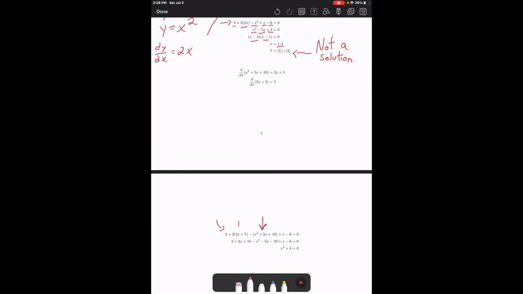So we have 2 times 2x plus 5, which will become 4x plus 10. We're going to multiply this negative sign through the entire brackets to get negative x squared minus 5x minus 10. And then simplifying, a lot of this is actually going to cancel out. Plus 10 cancels out with minus 10. Plus 4x cancels out with minus 5x plus 1x.